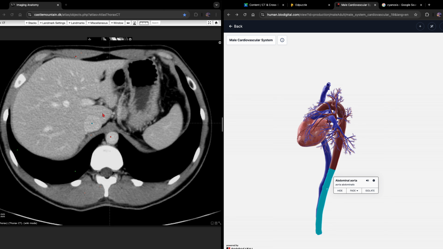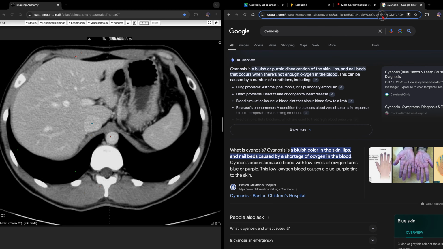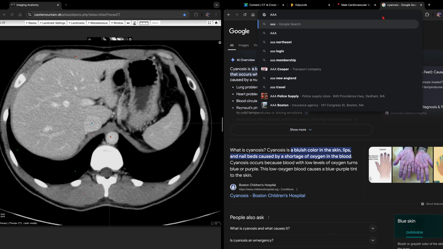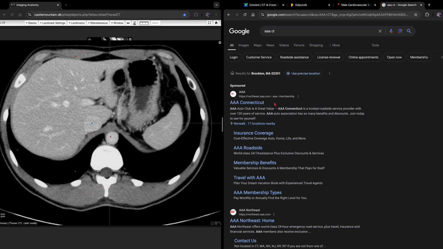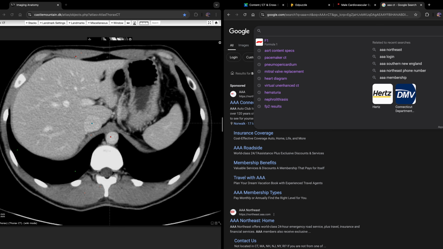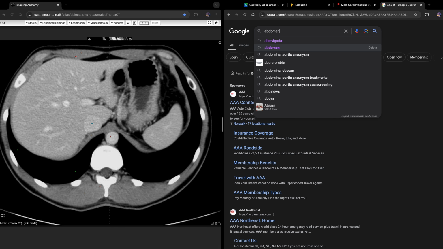An aneurysm just means it's a blood vessel that is swollen, threatening to swell beyond its limits, right? So AAA, you would call it, not AAA. CT, let's use that. Abdominal, oh my God, that's funny. I guess I have to say the abdominal aortic aneurysm.